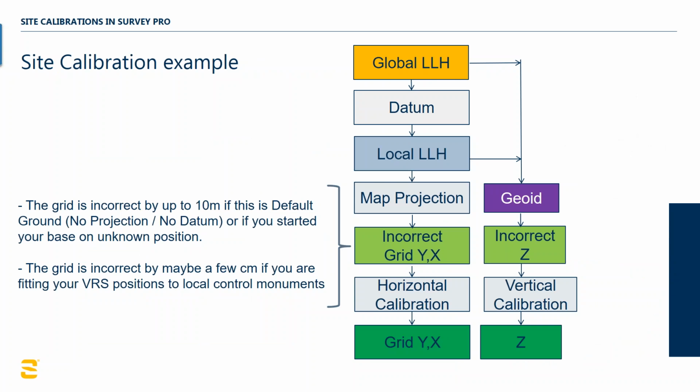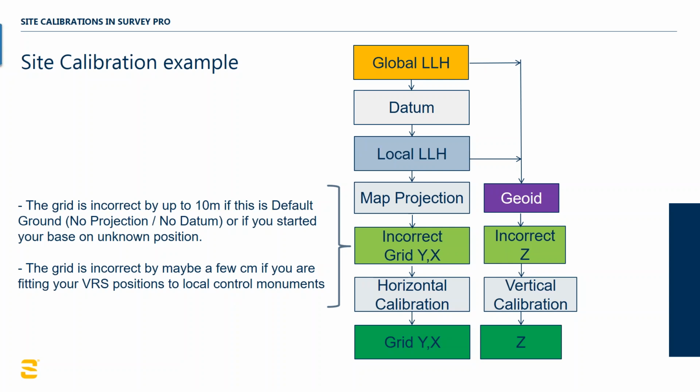So, site calibration example, we have our data from space. We apply a datum to get our local NAD 83 in my example. We pull out the elevation and apply a map projection. But when we get those corrections from our local CORS, we get a northing and an easting based on our map projection.